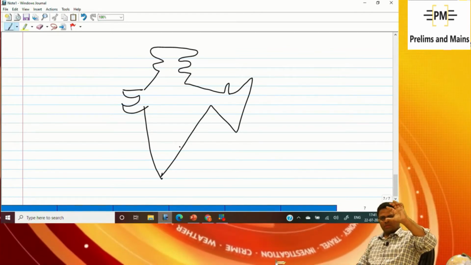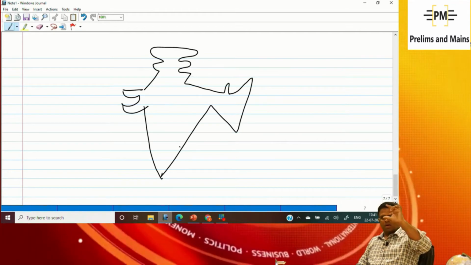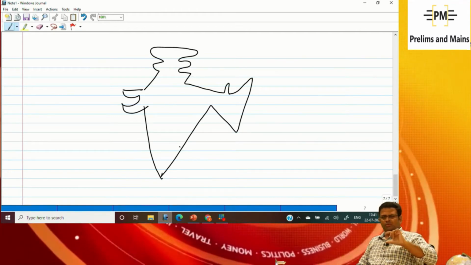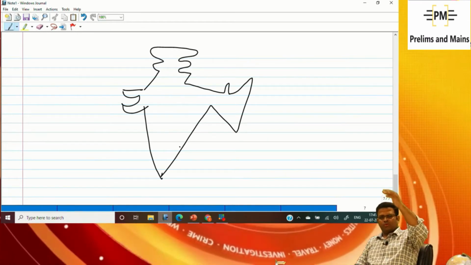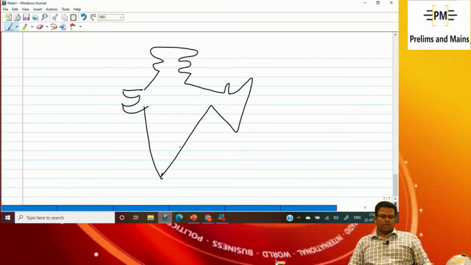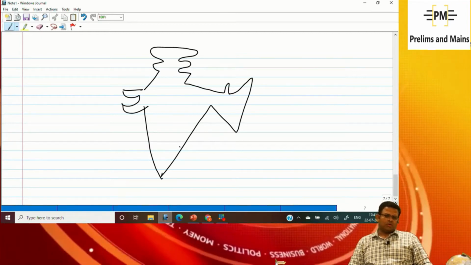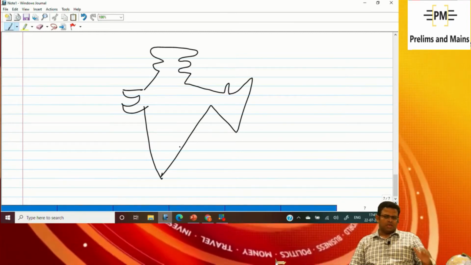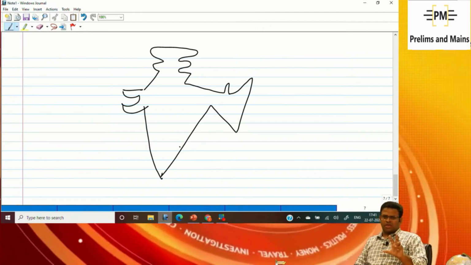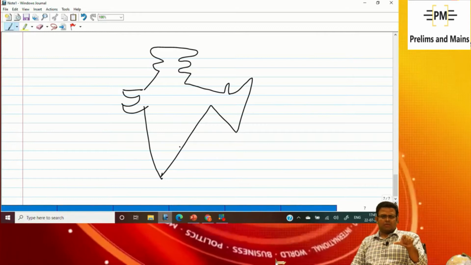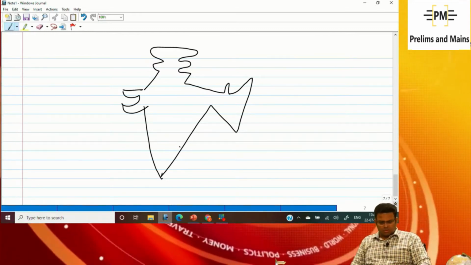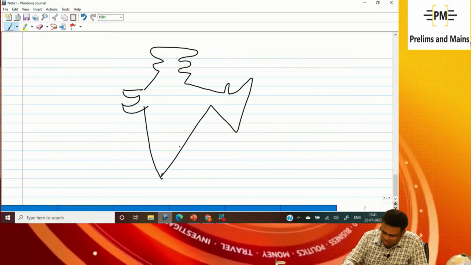Andhra Pradesh, Tamil Nadu, Odisha, and then I am talking about Kerala. Clear? Then above Odisha there are two states. One coastal state is West Bengal, and another above Odisha is Jharkhand.